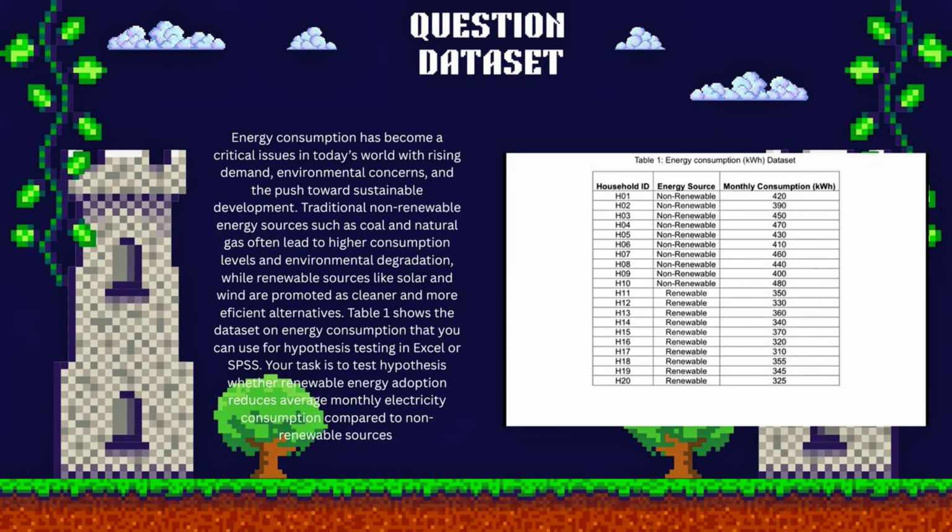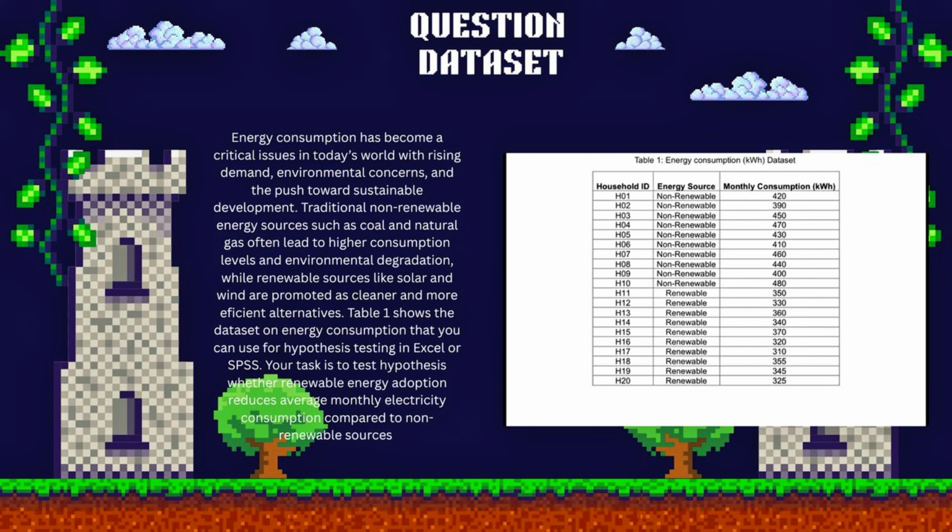Question dataset. Energy consumption has become a critical issue in today's world with rising demand. Environmental concerns are pushing towards sustainable development. Traditional non-renewable energy sources such as coal and natural gas often lead to higher consumption levels and environmental degradation, while renewable sources like solar and wind are promoted as cleaner and more efficient alternatives.